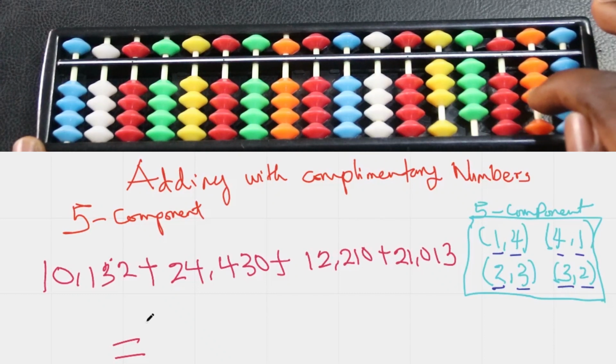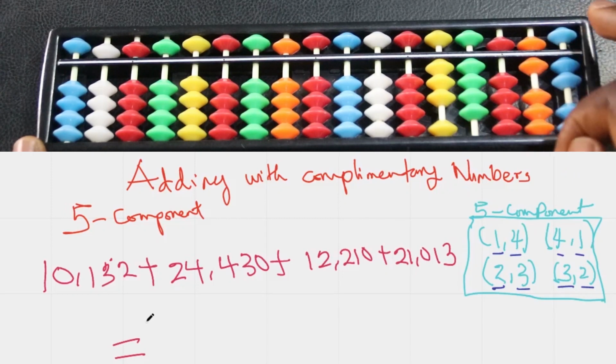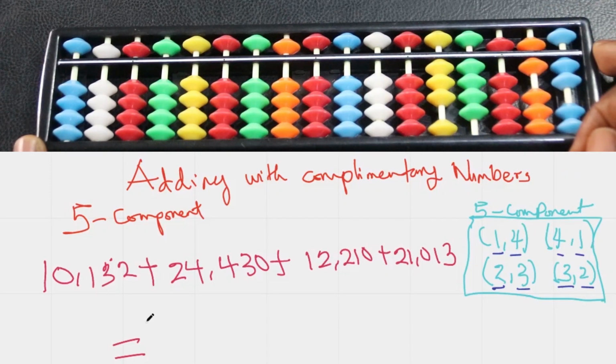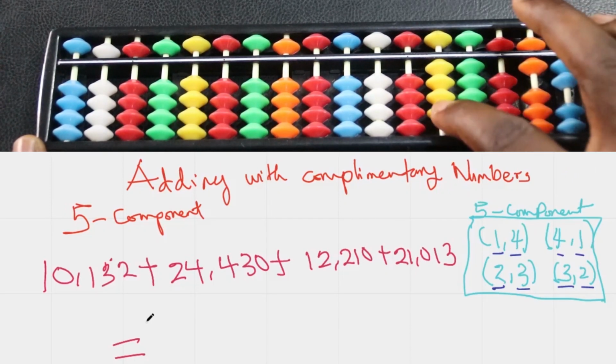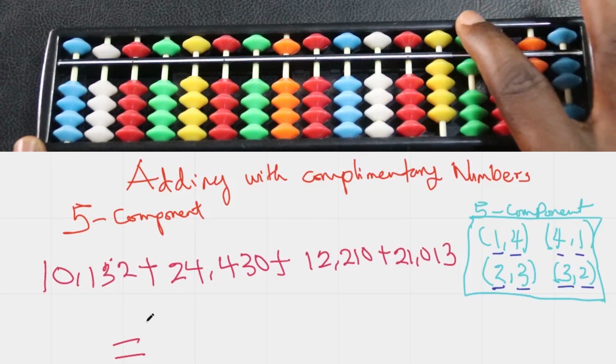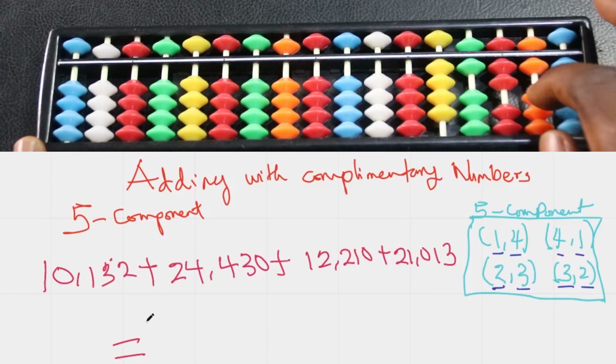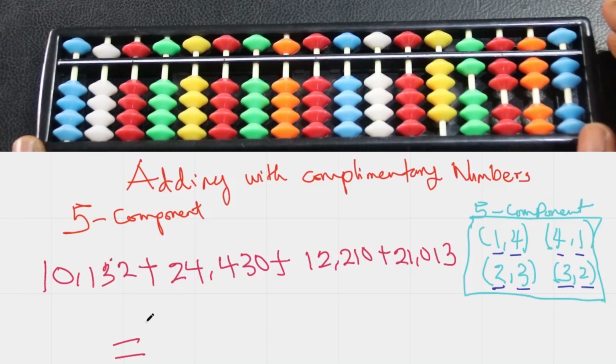What's the 5 component of 3? 2. I will remove 2 and add 5. 0, so I can leave that. Then next, 12,210. 2, I don't have 2. What's the 5 component of 2? 3. Remove 3, add 5. Here 2, I have 2. Here 1, I have 1, 0. Done.